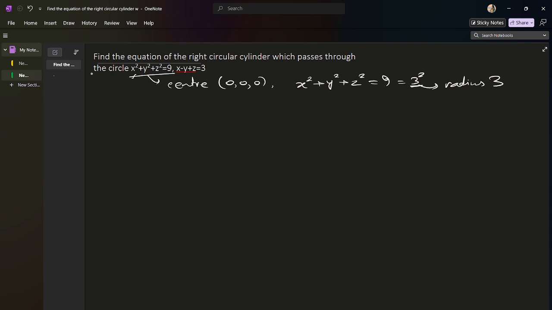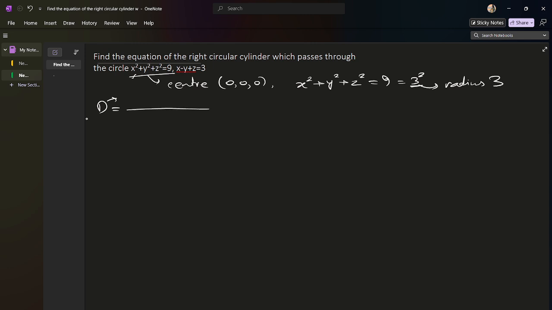Now the distance from the origin to the plane x minus y plus z equals 3. We can write this in this form. Let d be the distance.